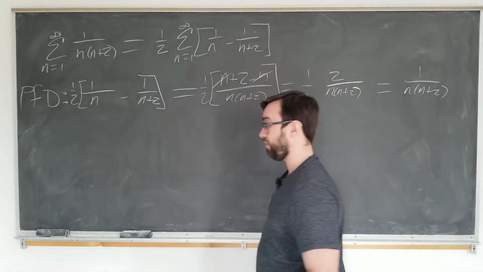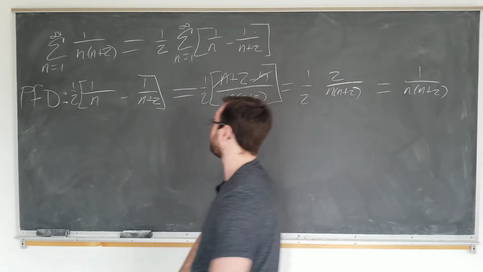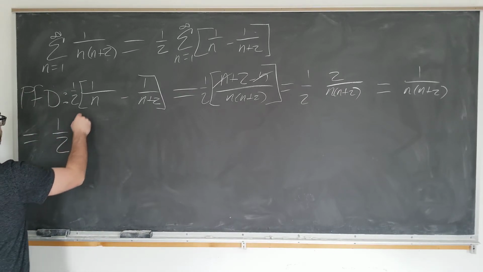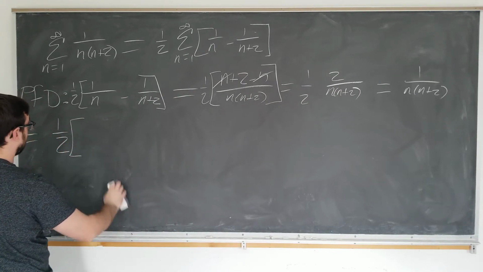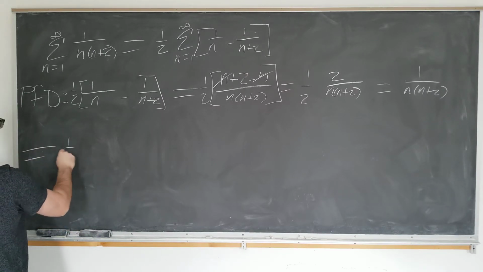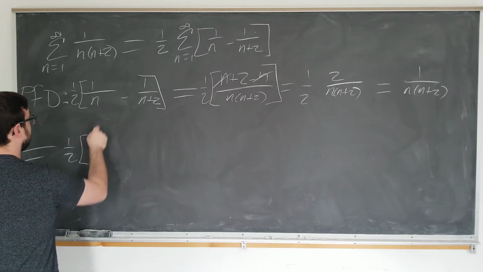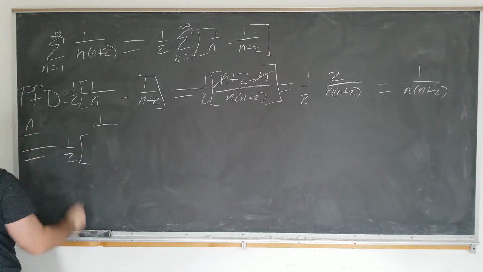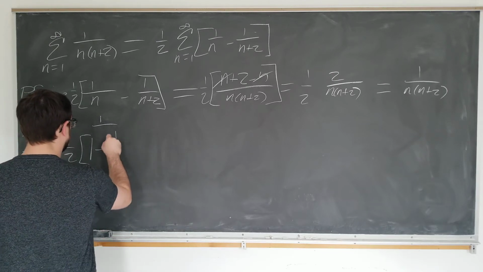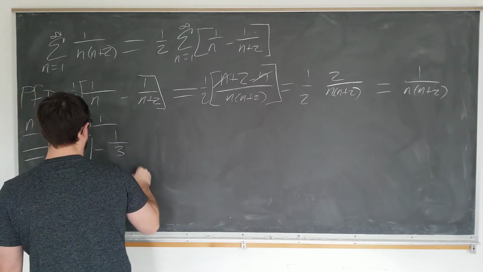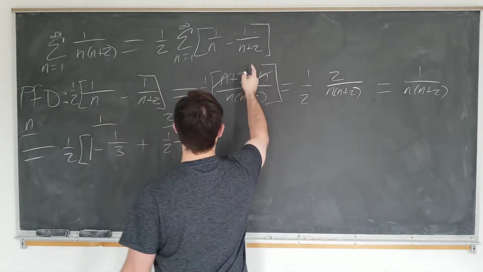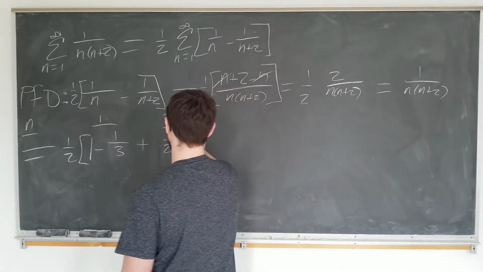Let's go ahead and evaluate it just like we did before. So it's going to be 1/2. I don't have enough room anymore, do I? And for the first term, we're going to have 1 minus 1 over 1 plus 2, which is 3, plus the second term, we're going to get 1/2 minus 1 over 2 plus 2, which is 4.